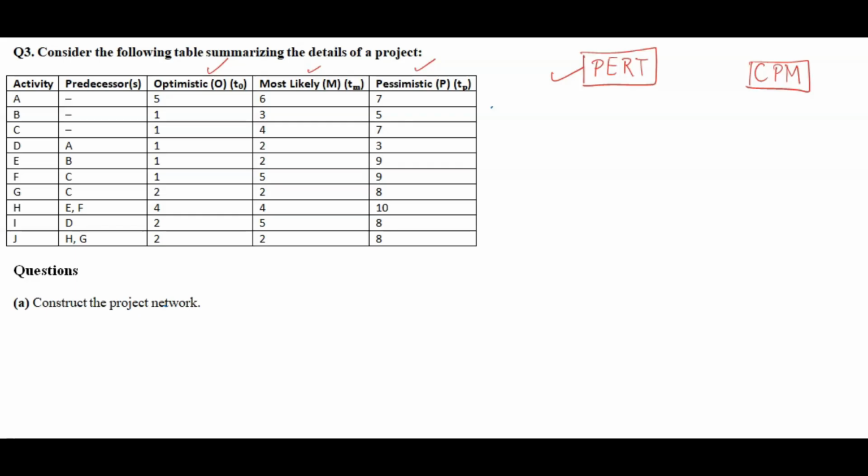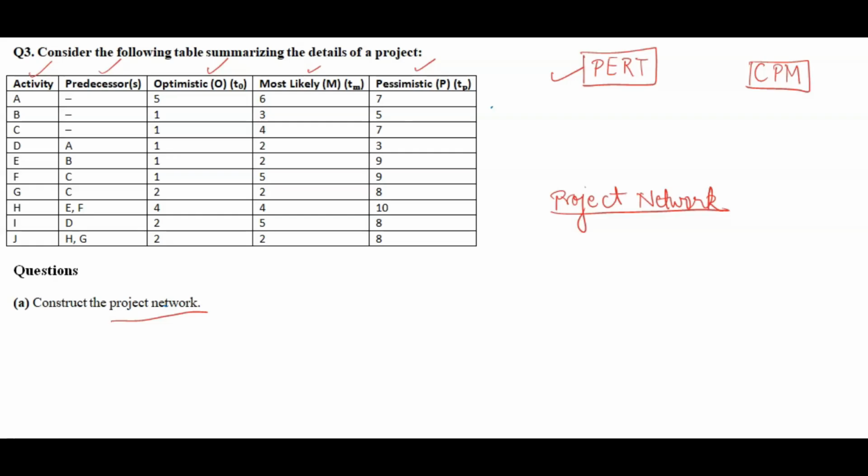So here first we are going to create the project network. Like we used to create the CPM network, in the same way we will be creating the project network today. Same rules, there will not be any change, because for the project network we require two pieces of information, that is activity and predecessor. Other than that we don't need anything.